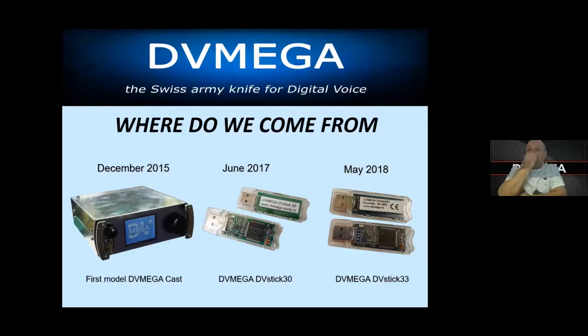2017, the DV Stick. The DV Stick is a USB AMBE vocoder that you can use with BlueDV to have an IP radio without radio. So you have a piece of software, you plug the stick into your PC, and you can use the different networks.